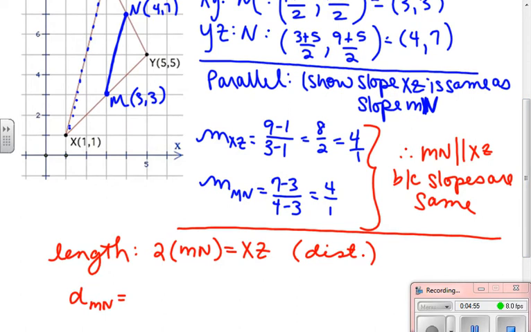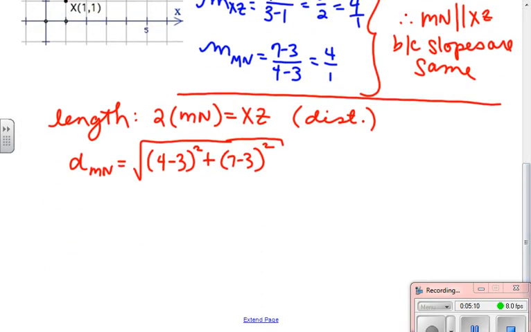So I have the square root of 4 minus 3, the quantity squared, plus 7 minus 3, the quantity squared. So I have 1 squared plus 4 squared. So I have 1 plus 16, which is the square root of 17. Kind of a weird number, but I'm just going to leave it for now.